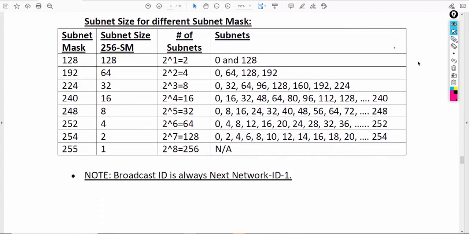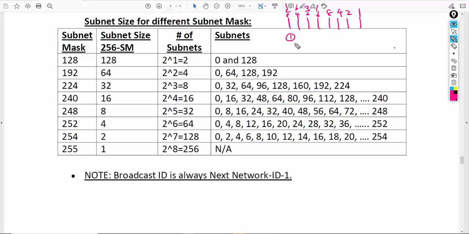Subnet mask. Remember in the earlier chapter we spoke about the subnet mask. It can be 128, 192, 224, 240, 248, 252, 254, 255. It is coming like this: 1 2 3 4 5 6 7 8. The first number is 128, 64, then 32, 16, 8, 4, 2, 1.